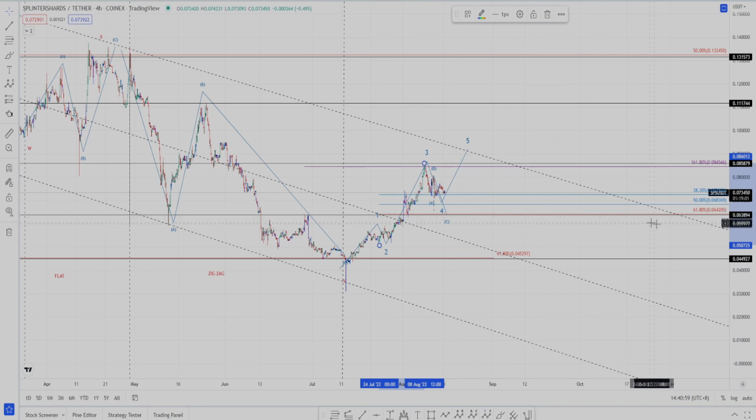Yeah, so that's bang on the 61.8% level. Also a pivotal support level that we've seen previously. So it's also possible here that we retrace a little bit further than our standard 38.2% level, which is where we're at currently at price action, down to the 0.0642 level at the 61.8% Fibonacci retracement.